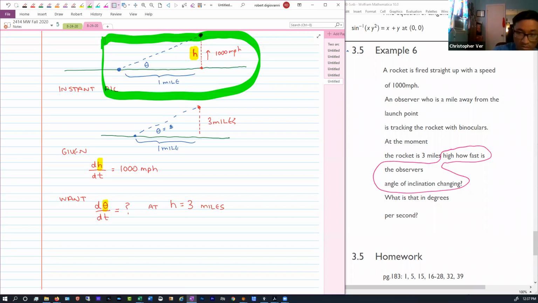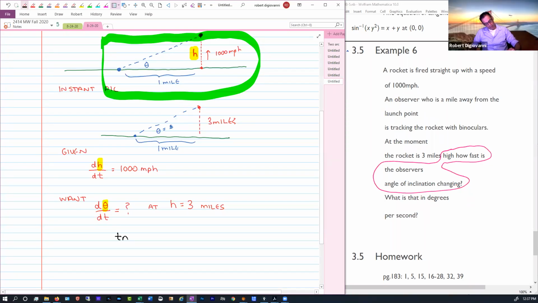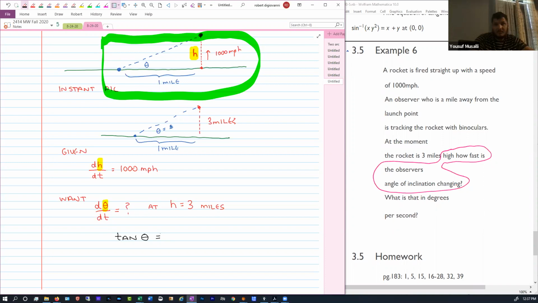Tangent. Good. According to that picture, tangent is opposite over adjacent, so h over 1, which is just h.